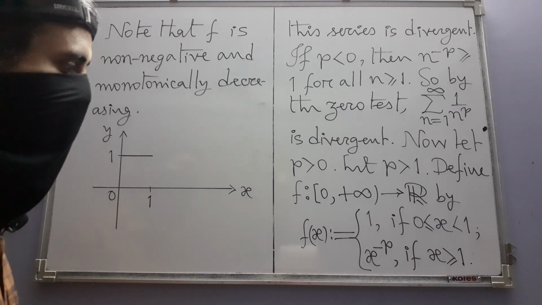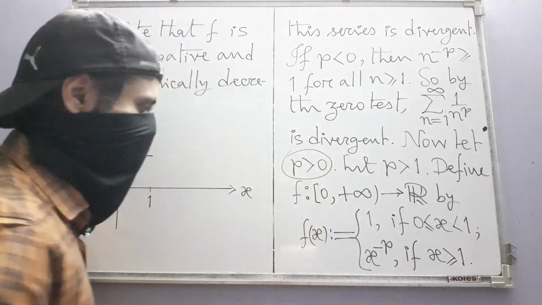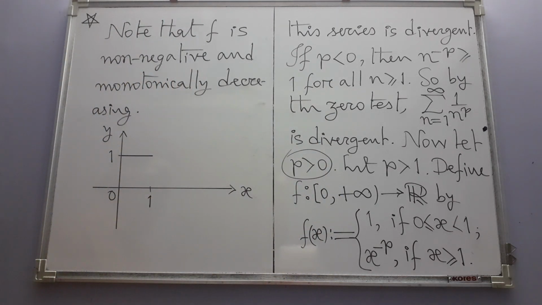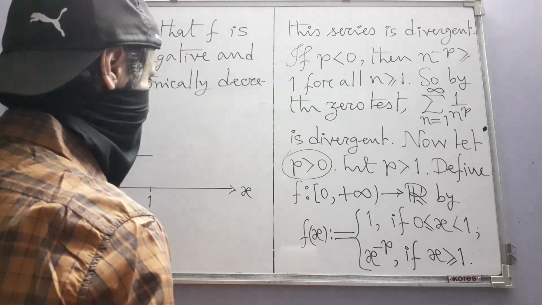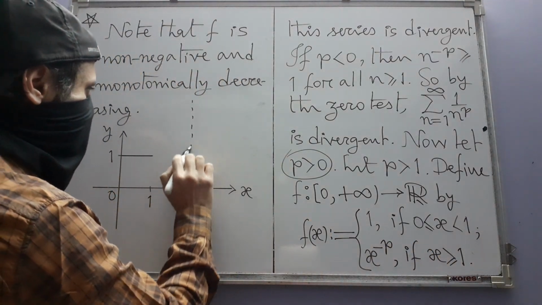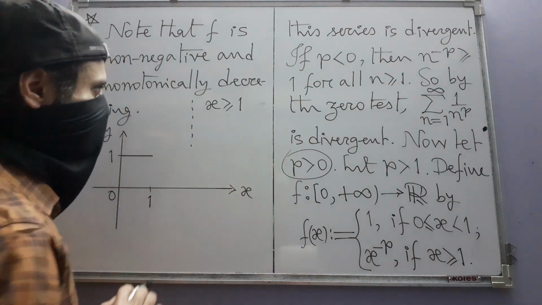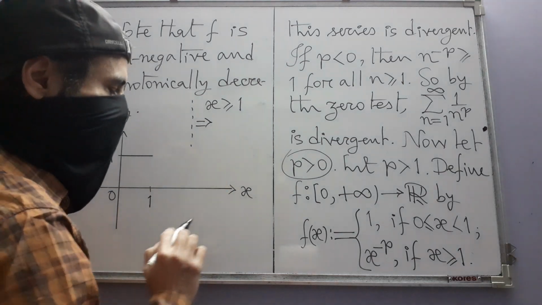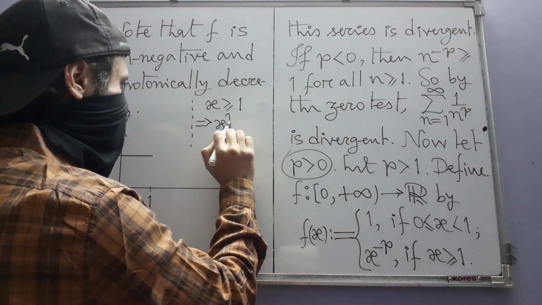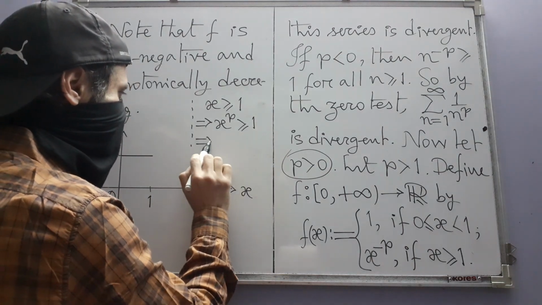Why? Well, that's because do not forget that p is greater than 0. Do you see that? And x is greater than or equal to 1. So, if x is greater than or equal to 1 and p is greater than 0, then x to the power p is also greater than or equal to 1.